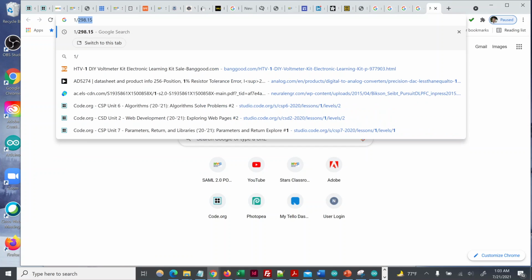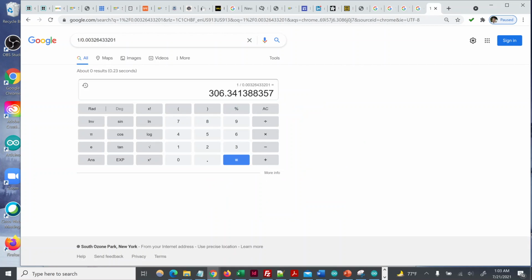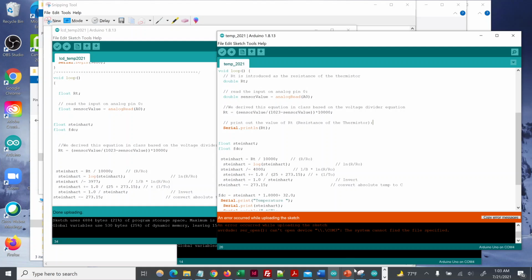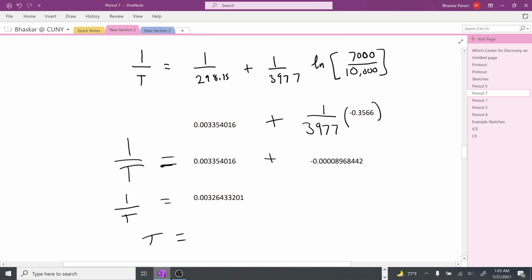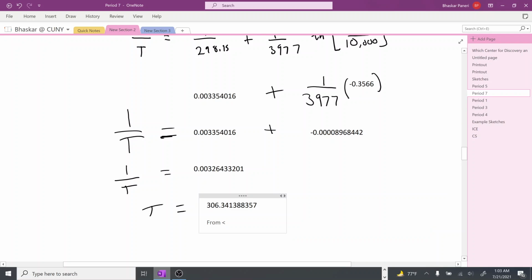Okay, so this is the temperature in Kelvin. I'll put a K here for Kelvin, degrees Kelvin.